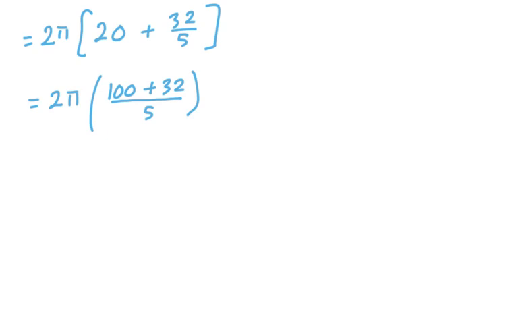But 132 doubled is 264. So this is 264 pi divided by 5. And that's how you do problem number 25.